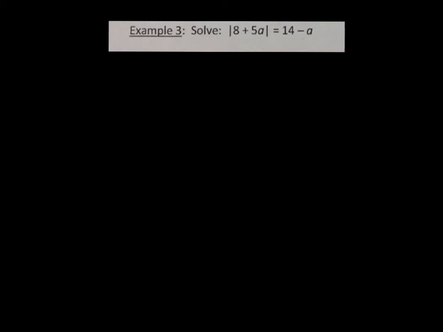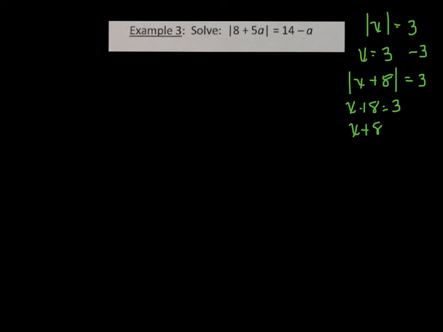Okay, so before we tackle this one that looks a little different, let's remember what we've been saying. I know in this example, x can either be 3 or the opposite of 3. I know that in this example, x plus 8 can either be 3 or the opposite of 3.